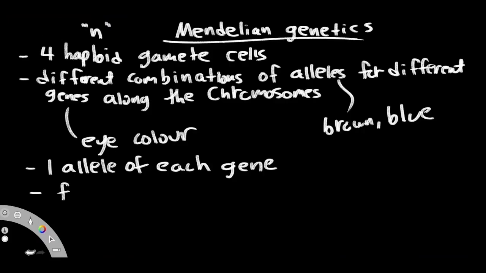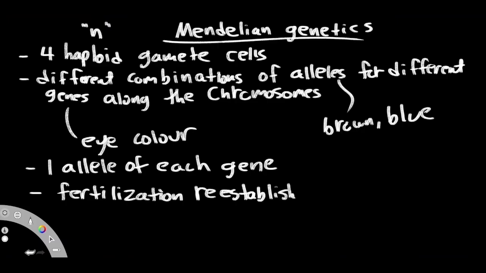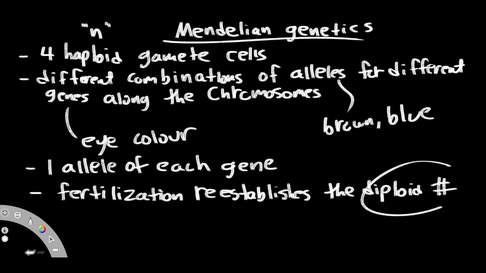So fertilization reestablishes the diploid number of chromosomes, because it produces that zygote, right? That first step before becoming that fetus, and then it's going to grow into a larger being, thanks to those 2 sets of chromosomes from the egg and sperm combined.